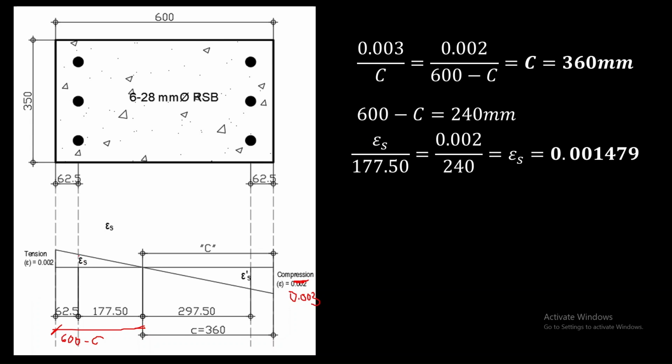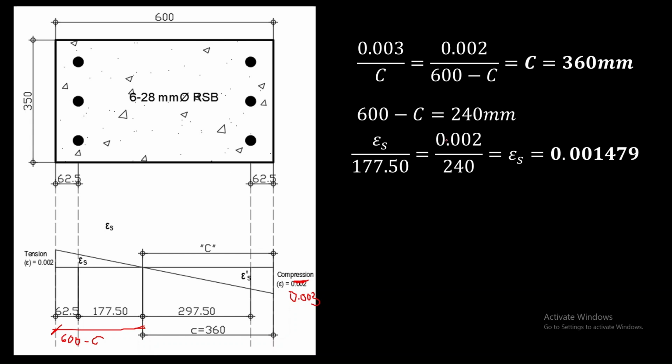So again, using similar triangles, we have the strain of steel reinforcement on the tension side over 177.5 for the distance, which is easy to compute, versus the 0.002 of strain on the outer side over 240, the difference 600 minus C.